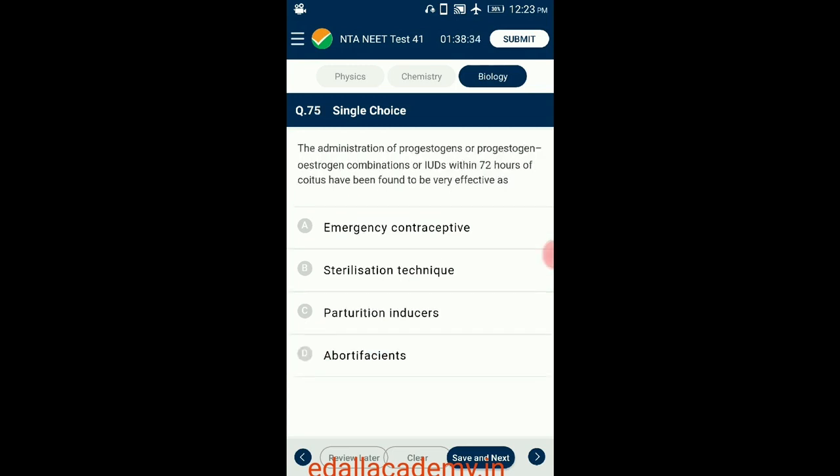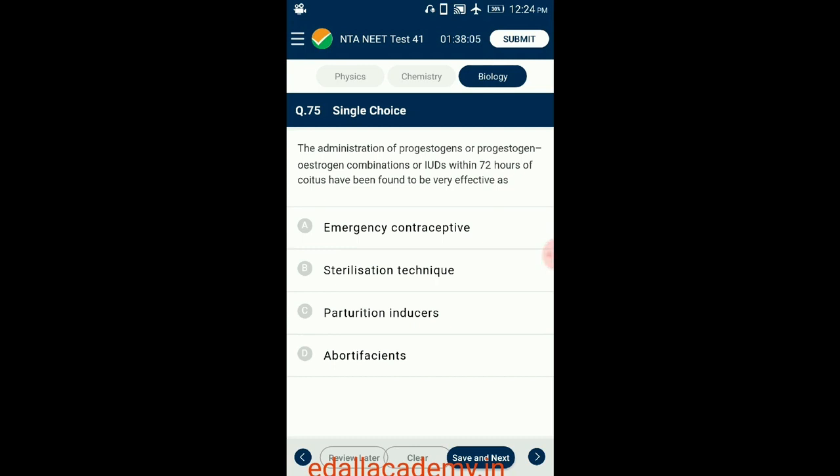Question number 75. The administration of progesterone-estrogen combinations or intra within 72 hours of coitus have been found to be very effective as. Emergency contraception refers to the method of contraception that can be used to prevent a pregnancy after sexual intercourse.